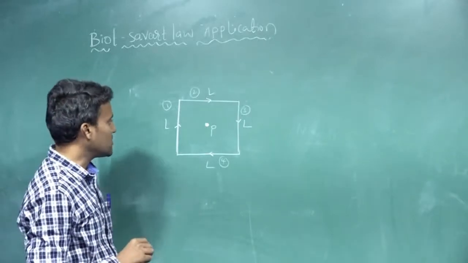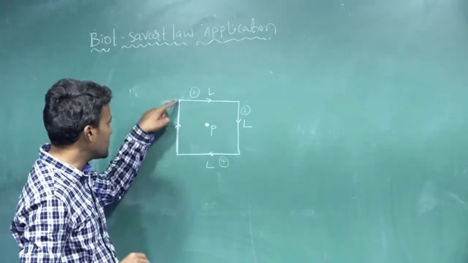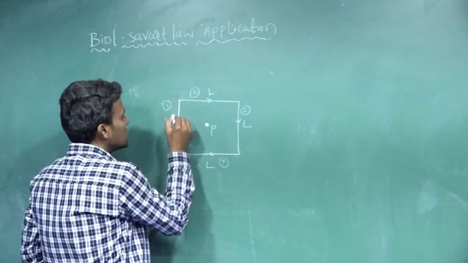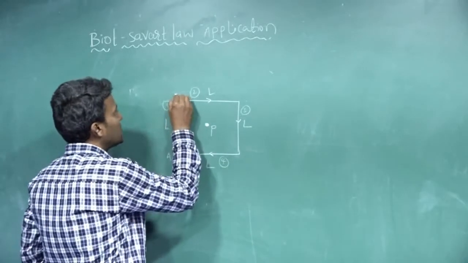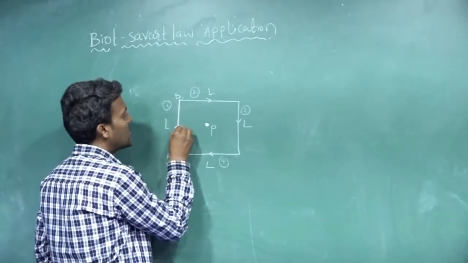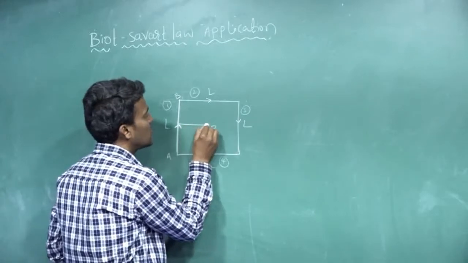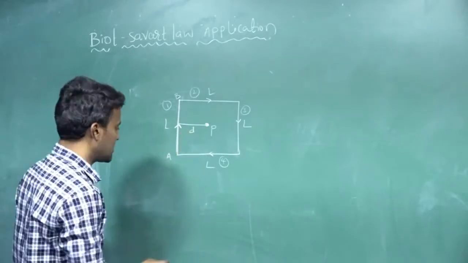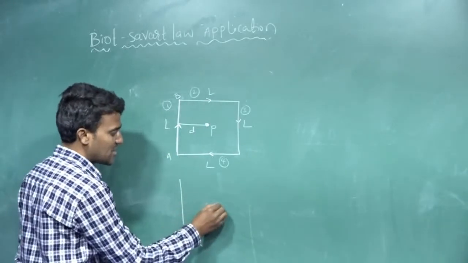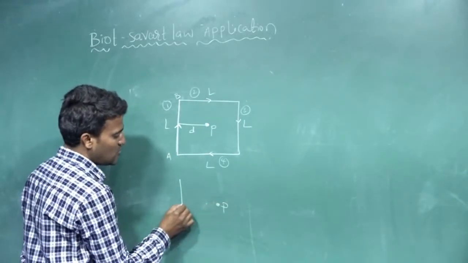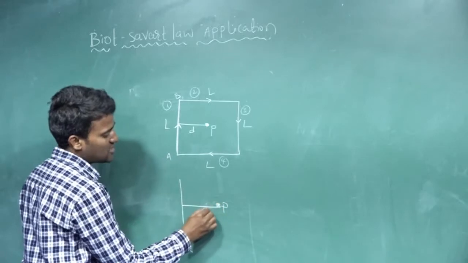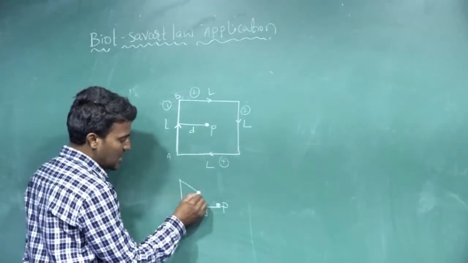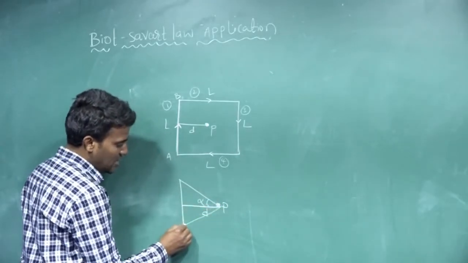Okay, for this, first I am taking one side conductor. See here, this is AB, with current in the upward direction. From the conductor to point P, the distance we have taken is D, and this angle is alpha and this angle is beta.